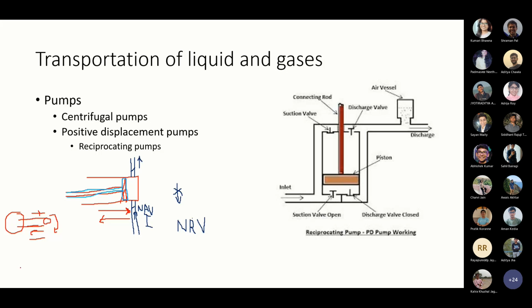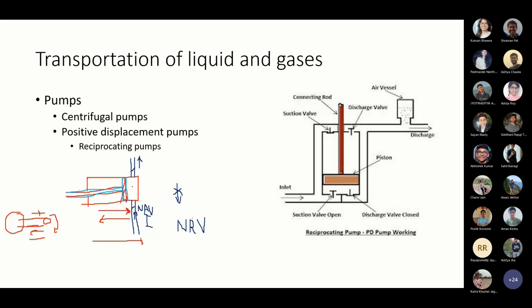So here, this is the closed piston cylinder assembly. Can anyone tell me, if the piston moves, let's say the piston is moving from here to here, what will happen?